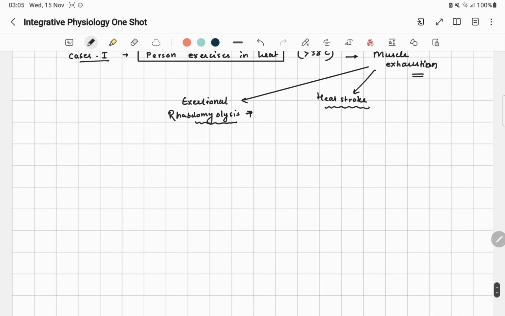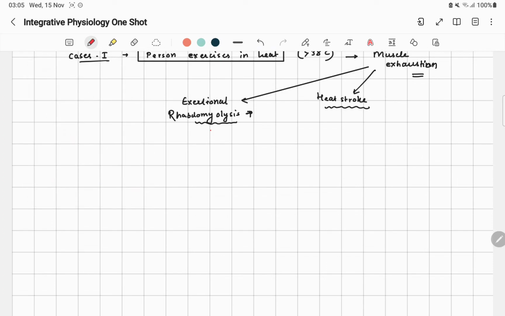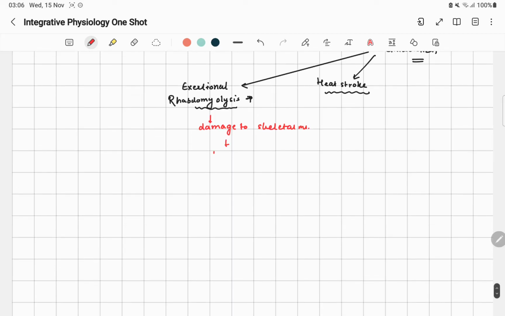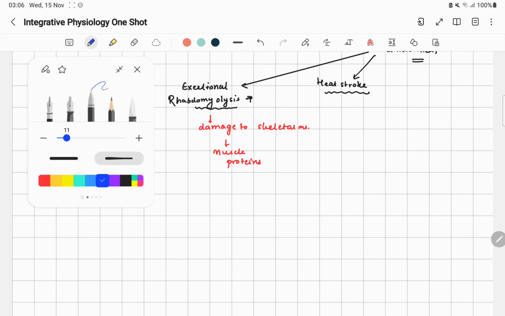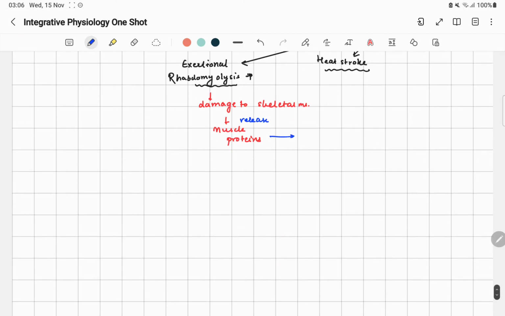In this there is damage to skeletal muscle, which releases muscle proteins, and these muscle proteins will cause kidney damage.